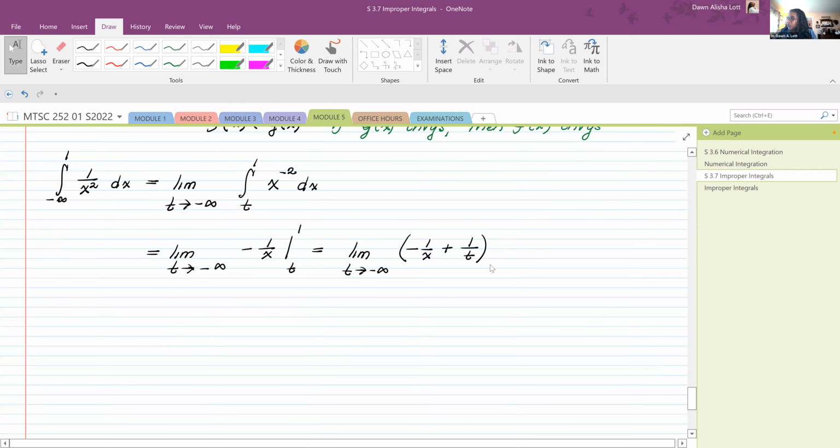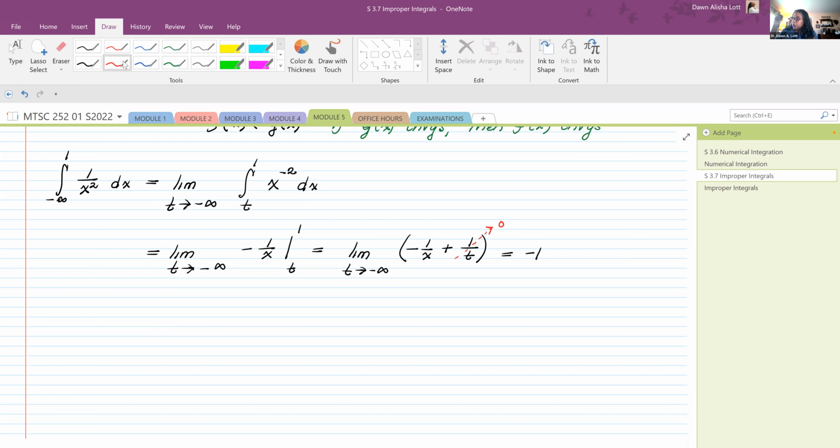And we said as t goes to infinity, or negative infinity for that matter, this will go to 0. So this integral goes to -1. Yay, that is a finite number. So this integral converges.